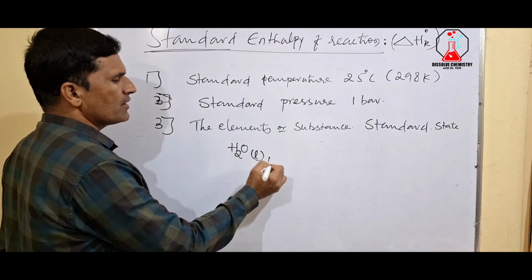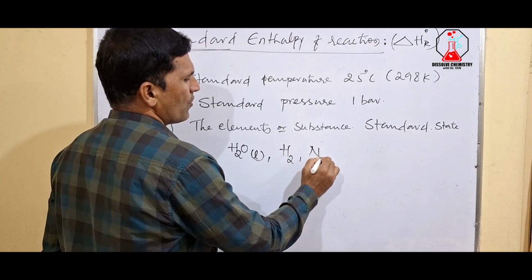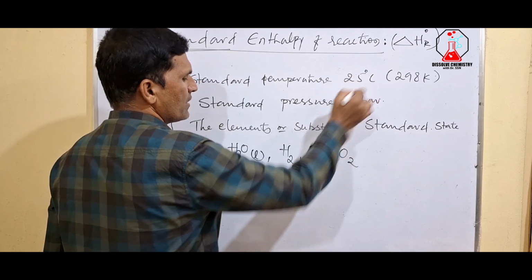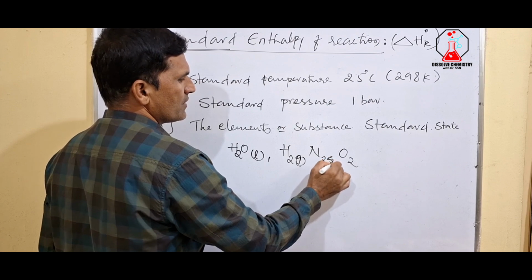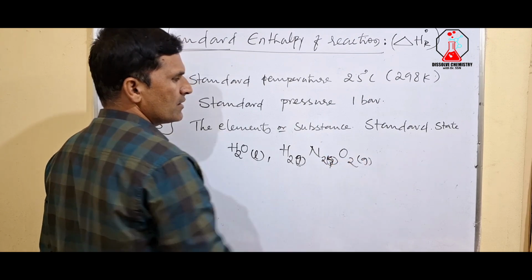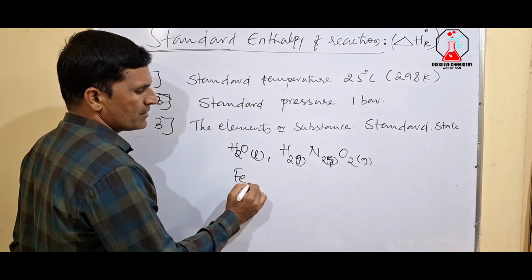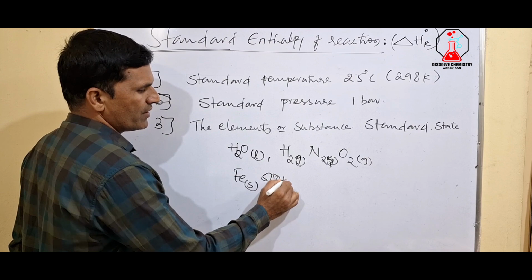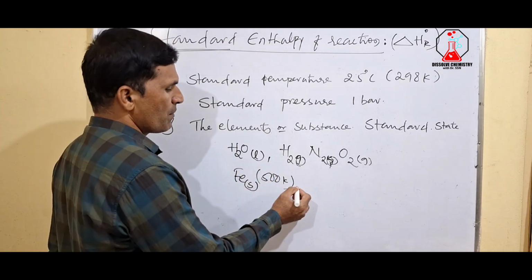Okay. Similarly, the standard state of hydrogen, nitrogen, oxygen at this temperature is the gaseous state. Okay, gaseous state is the standard state. For example, you can take iron. Its standard state is taken as iron solid at 500 Kelvin. Okay, we are specifically mentioning the temperature. We should make note of that.